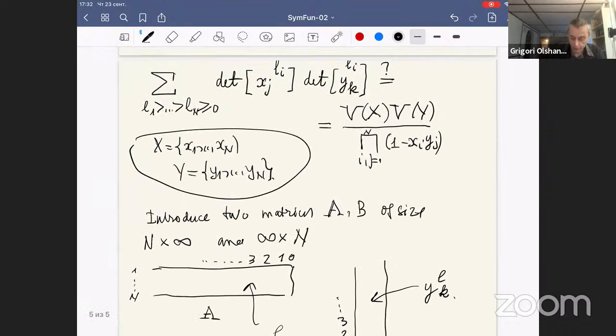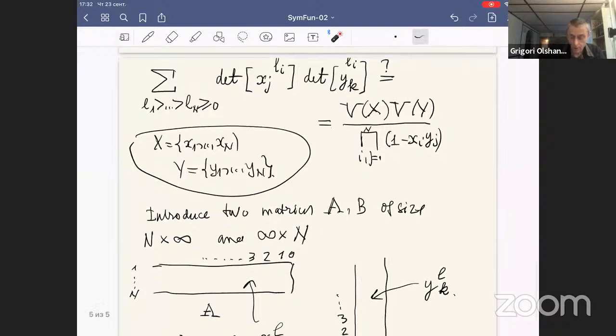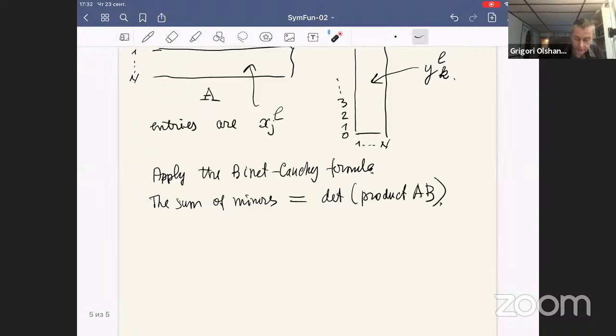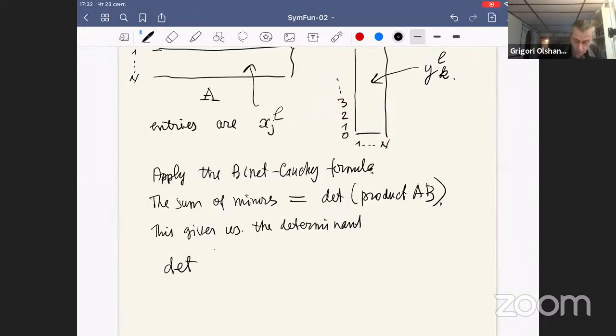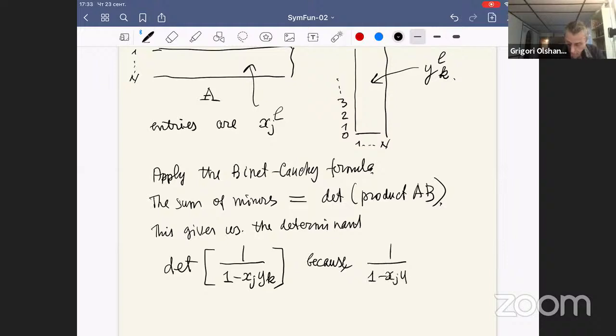So we have to take the product of these matrices and take its determinant, and this gives us the determinant of size n by n, because it's just the product.